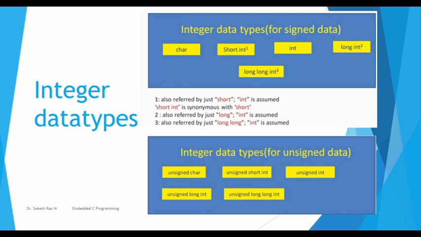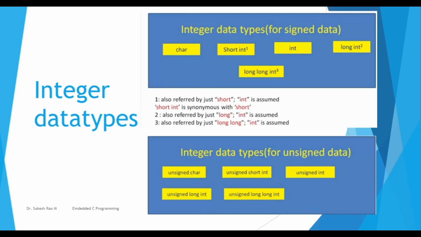Whenever we program a microcontroller, we should be aware of what type of data we are handling. Is it a signed data type or an unsigned data type? In signed numbers, where the number can be positive as well as negative, there are char, short int, int, and long int.